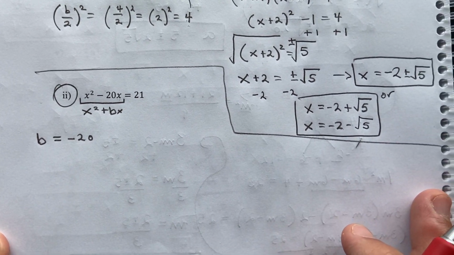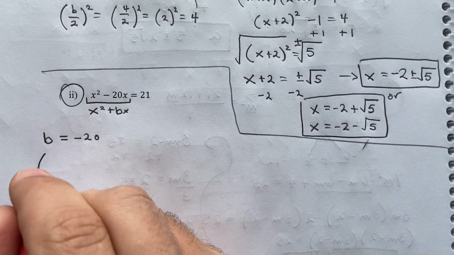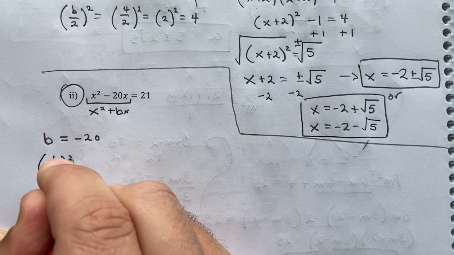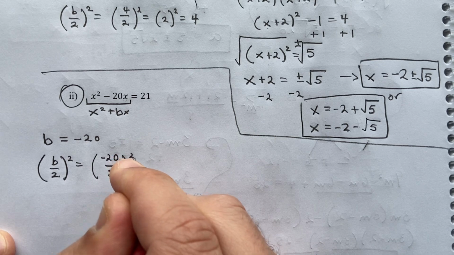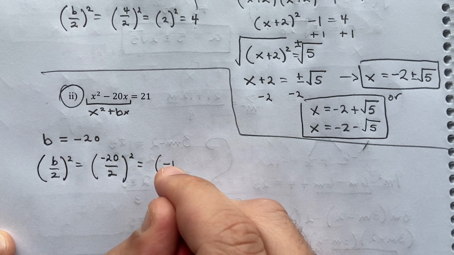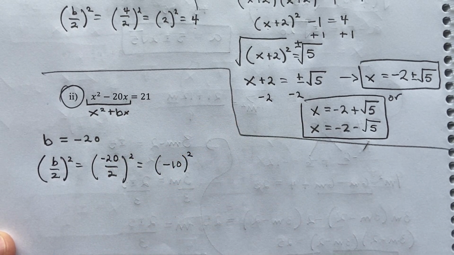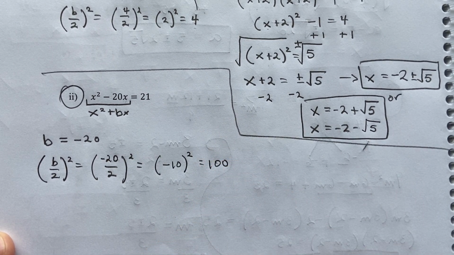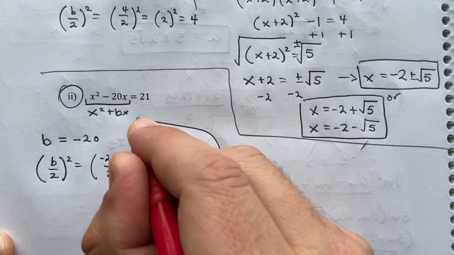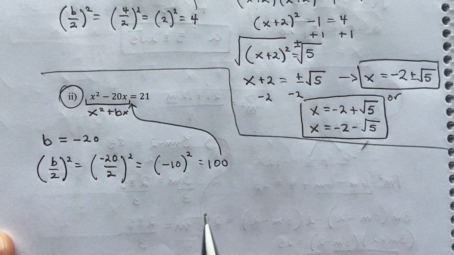So now I need to find half of b and square it. So negative 20 over 2 squared. This is negative 10 squared, in other words, 100. So I will add in 100 over here.